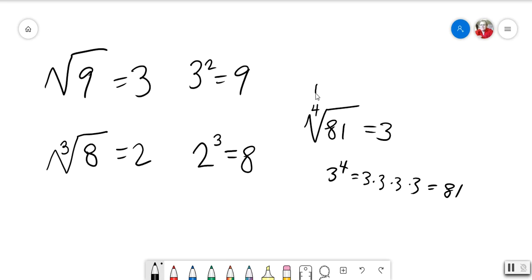The number that is in the little dip there is called the index.